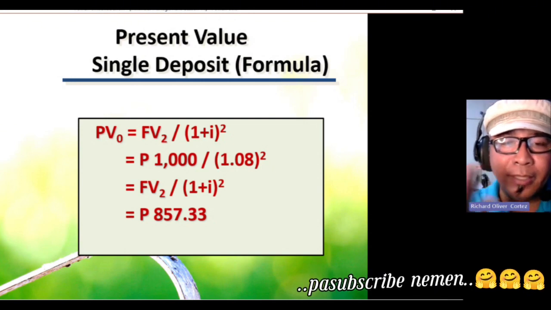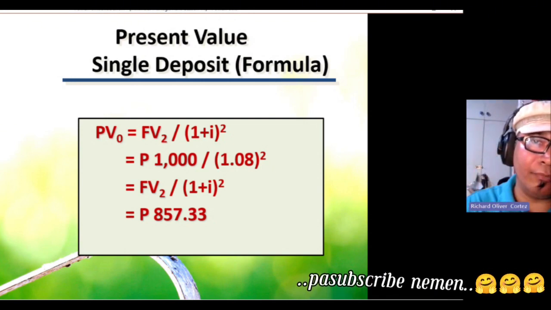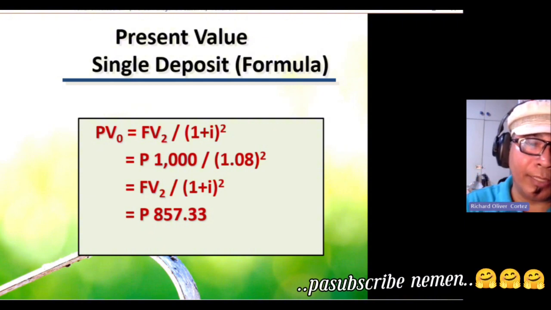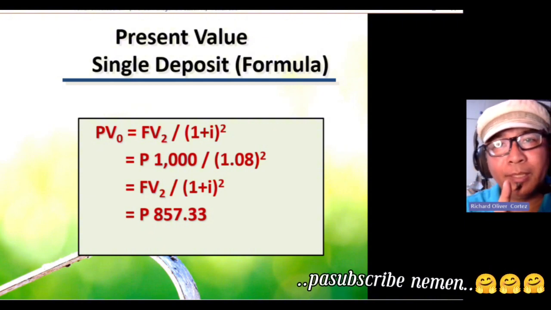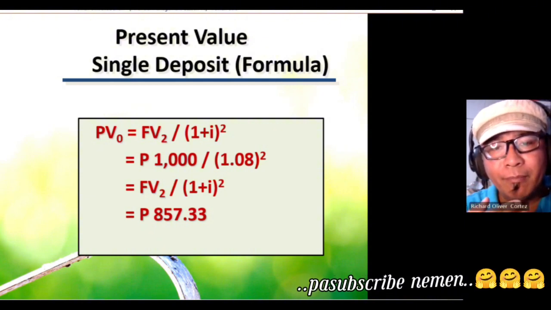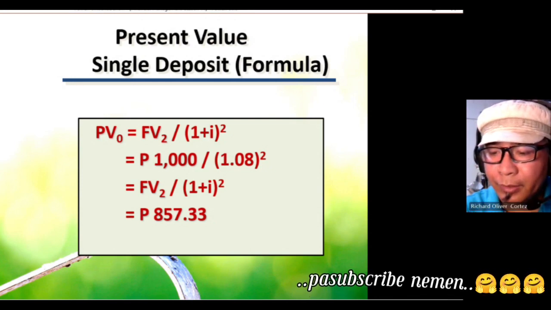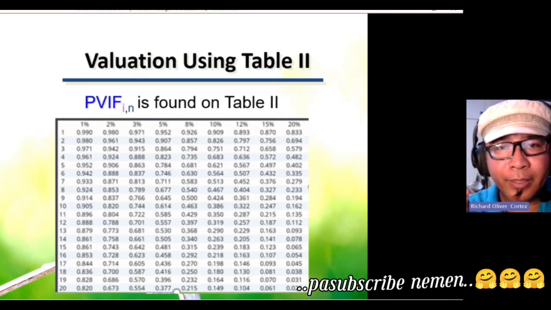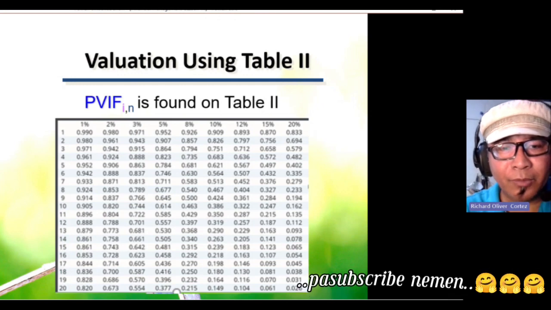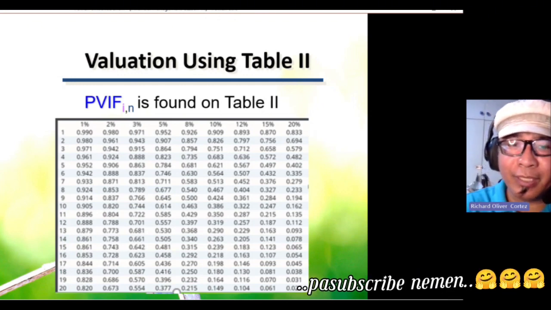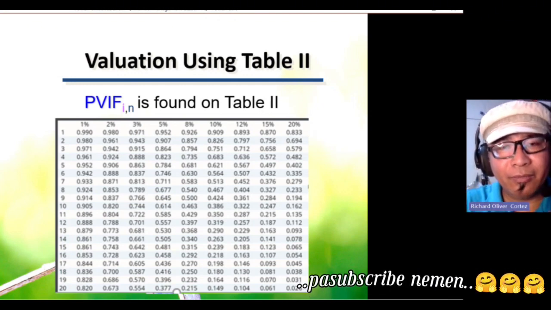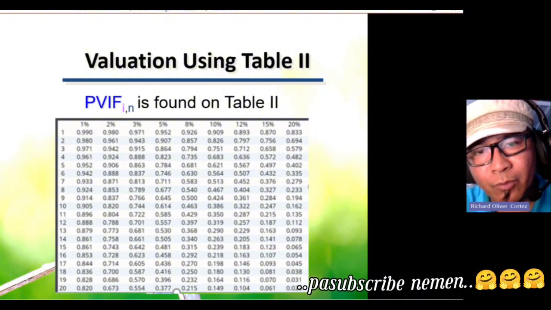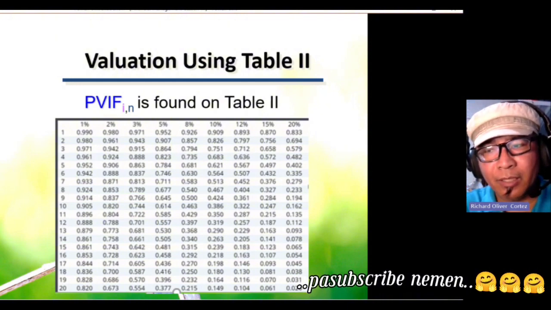We're going to use a table once again, but this time, table number 2 na yung ating gagamitin. Take note, in getting the future amount or compound amount, ang ating ginamit was table number 1. Okay? But for the present value, table number 2 yung ating gagamitin. Sir, saan makukuha ang table number 2? So the same thing, you can find table number 1 and table number 2 on-site online source.